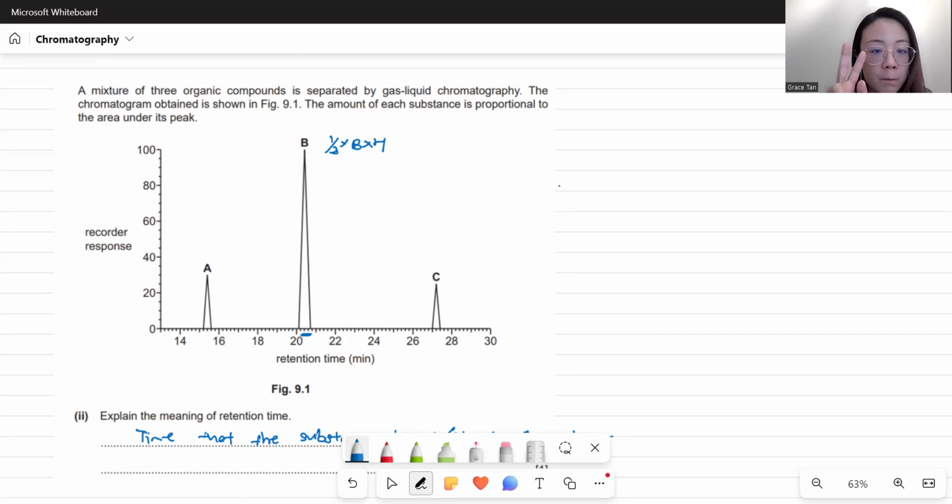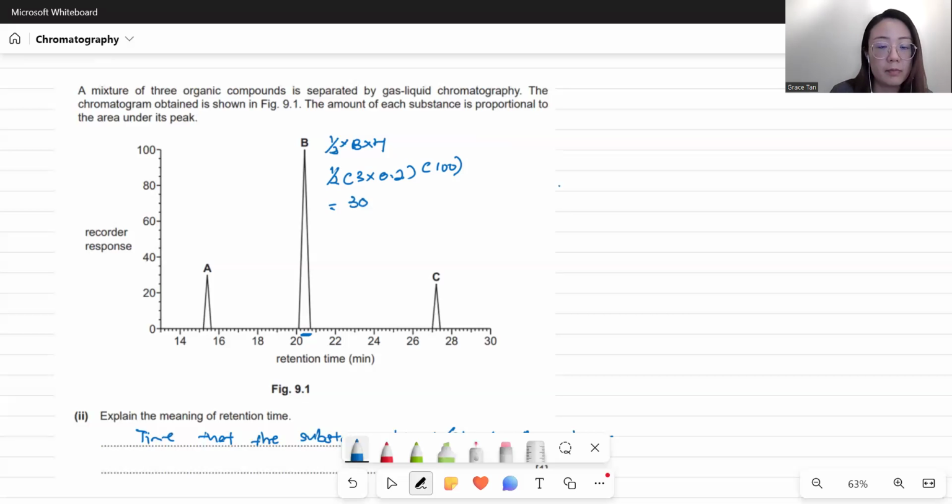One small box is 0.2 on the x-axis. So the base is 3 times 0.2. That's your base. Your height, if you take a ruler to the y-axis, is 100. Therefore, the area for B is 30.